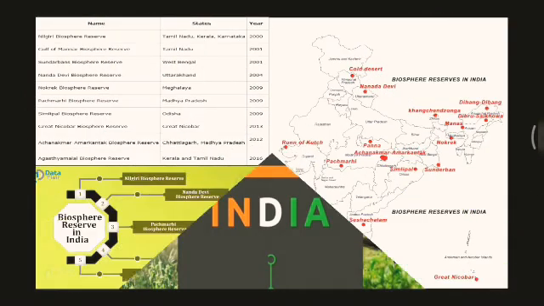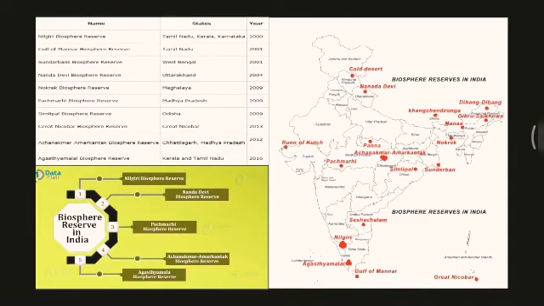A biosphere reserve protects a large area of natural habitat and serves as a site of scientific research and education. Important biosphere reserves in India are Nilgiri Biosphere Reserve, Nanda Devi Biosphere Reserve, Pachmarhi Biosphere Reserve, Agasthyamala Biosphere Reserve.